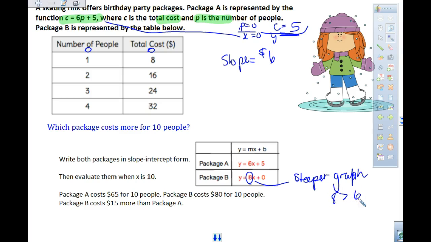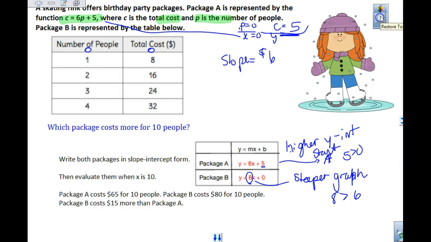If I asked you which one has a higher start point, a higher y-intercept, then I would have package A, because it's at 5, and 5 is greater than 0. Is that making sense as we talk about these different ways of comparing them?